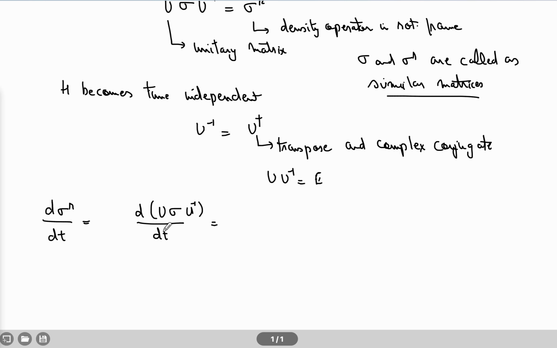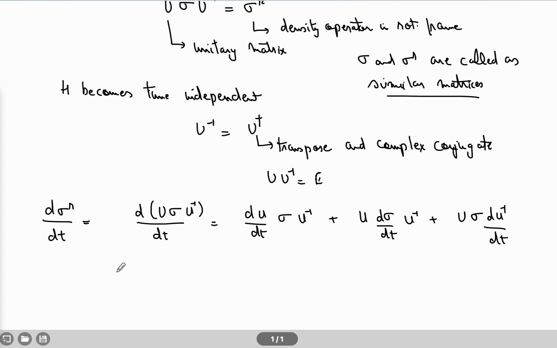All of these are time dependent, so I will write dU/dt sigma U inverse plus U d sigma/dt U inverse plus U sigma dU inverse/dt, right?